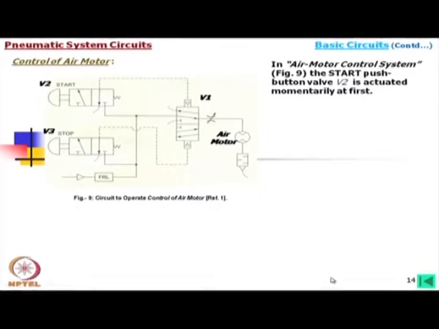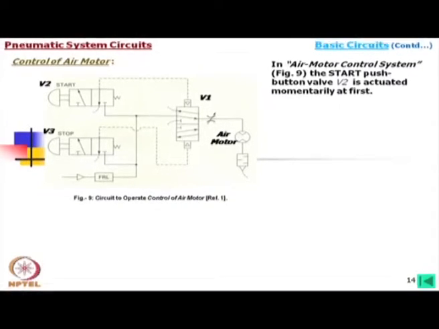Now, control of an air motor. Instead of an actuator, we use a motor, and this one is the silencer. Usually with cylinders there may be a silencer, but it is not very sophisticated.